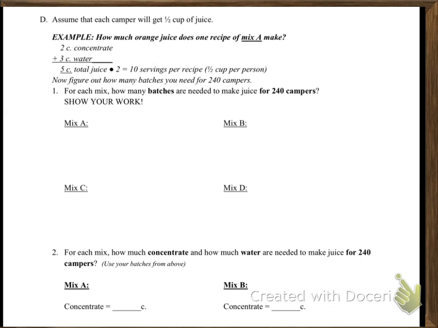Okay, on the next one, we are going to assume that each camper is going to get 1/2 of a cup of juice, which means 1 cup equals 2 campers. 1 cup will give us 2 campers' worth of servings.